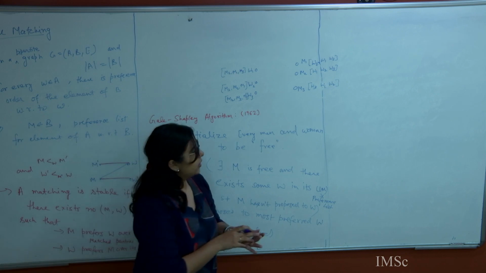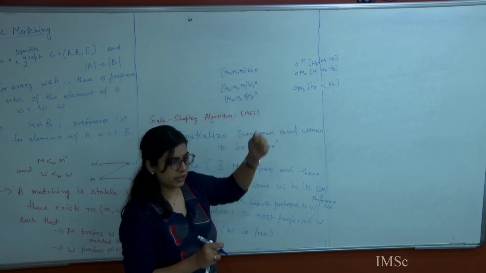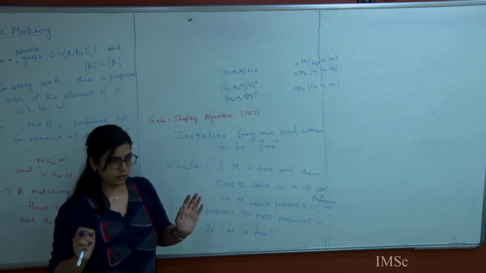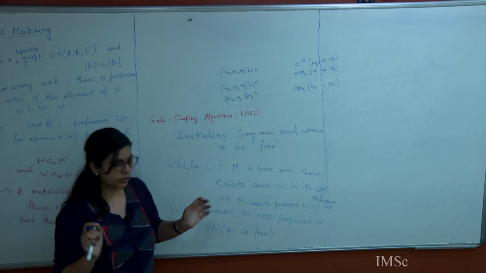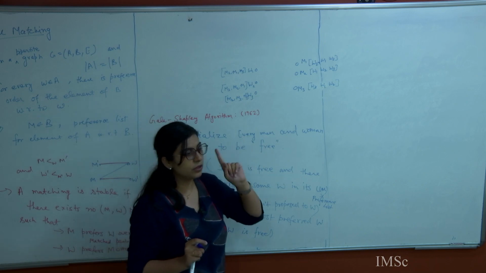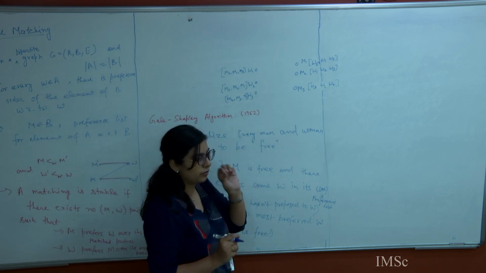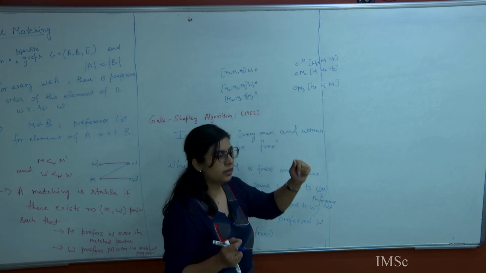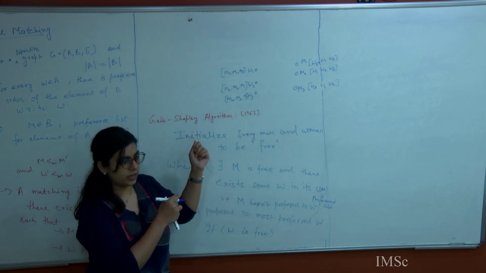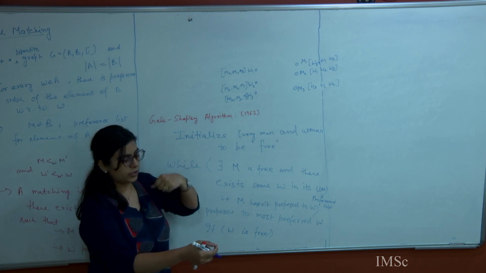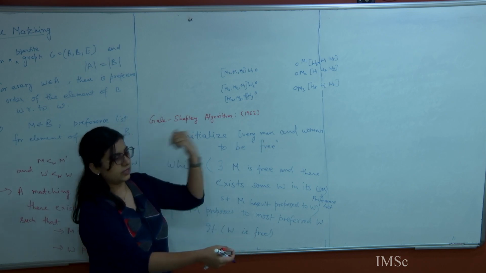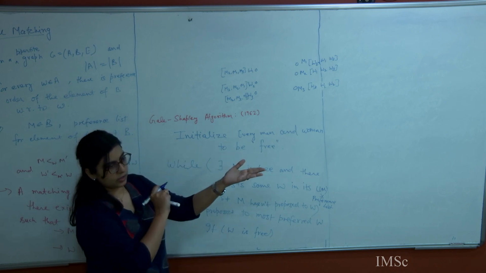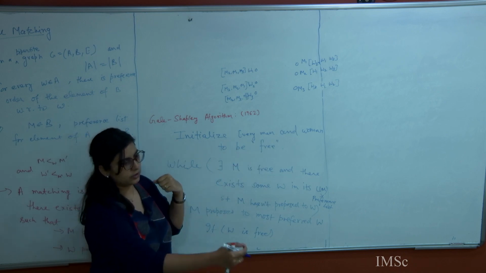Whenever a woman is free and she gets a proposal, she'll accept it, because she is getting a proposal. She does not reject the first proposal; she always accepts. But then maybe some other man proposes to the same woman, and this man, for this woman, has more preference than her currently matched partner. So she will break off with the current partner and match with M2.